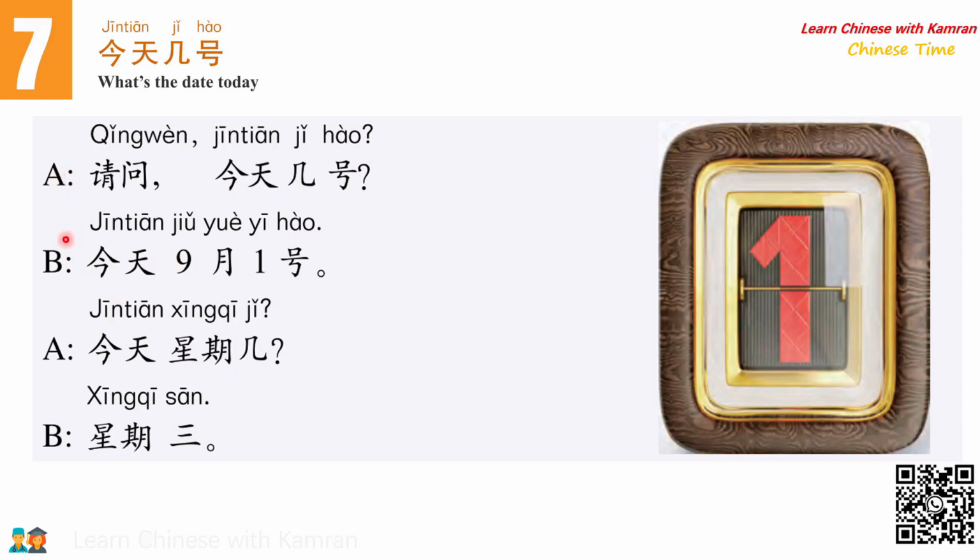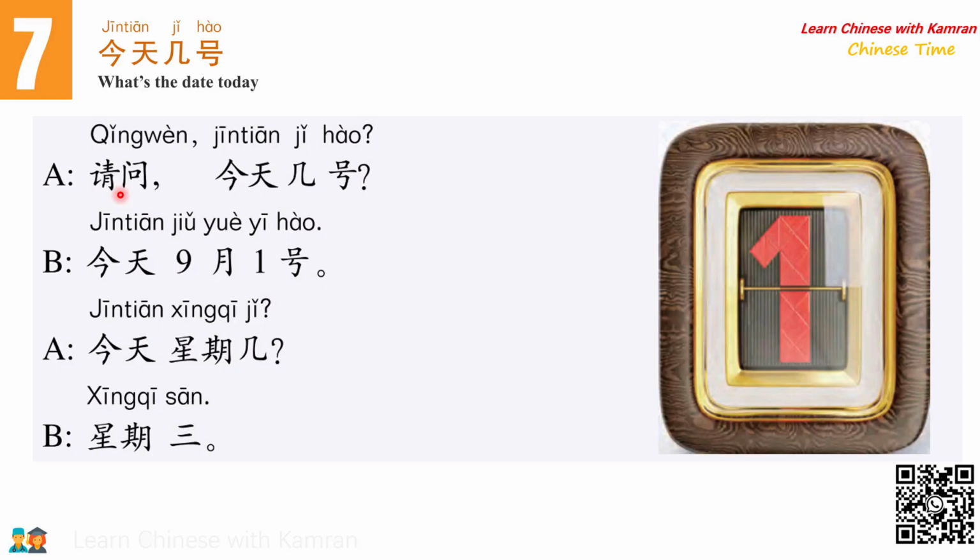It is between A and B. So A is asking 请问今天几号? 请问 means excuse me. Whenever you are going to ask someone any question, for example, you are outside and you don't know where to go, where is the subway, where is that particular shop you're looking for, you should start with 请问.